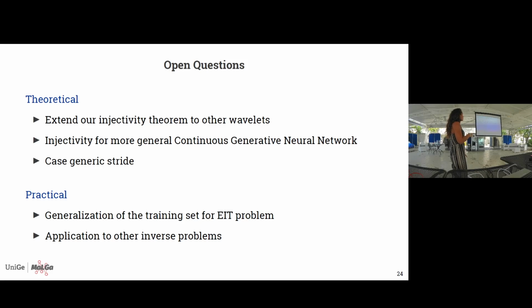And I want to extend the result also for a generic stride, because I consider the stride 1 to 2 to the power of nu in my theorem. And from the practical point of view, I want to generalize the training set of the electrical impedance tomography problem, considering more than one inclusion or medical images. And I want to apply this algorithm to other inverse problems in general.